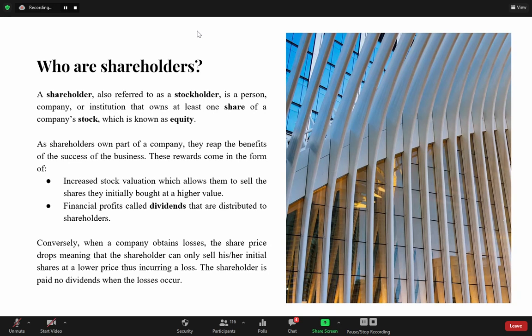But when the company gets losses, the shareholders won't be paid the dividends, and it also drops the value of the shares. So they have to sell their shares at a lower price than the one they bought. Next slide.